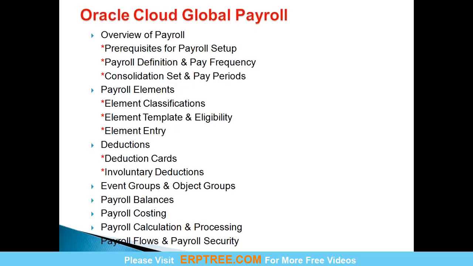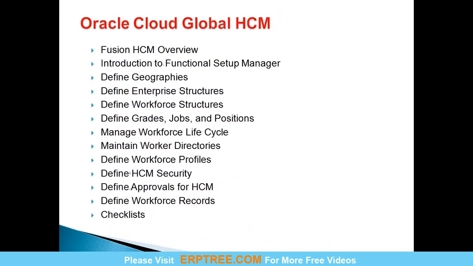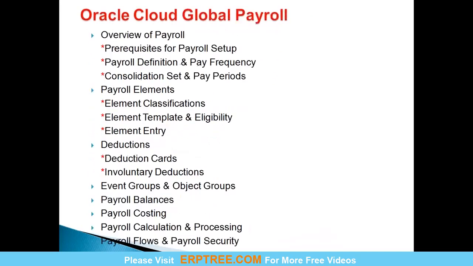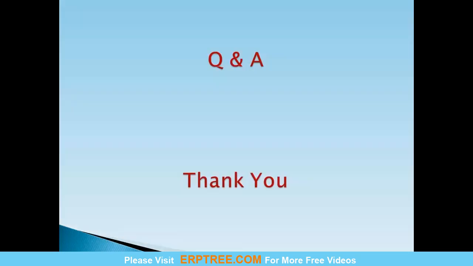Then we have some groups, event groups, object groups, payroll costing, balancing, payroll flow and payroll security. These topics will be covered under payroll. Okay. So this is the information we are going to cover: global HCM, that is core HCM, talent management, absences, and the payroll.